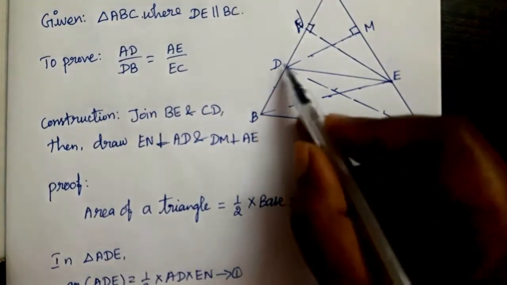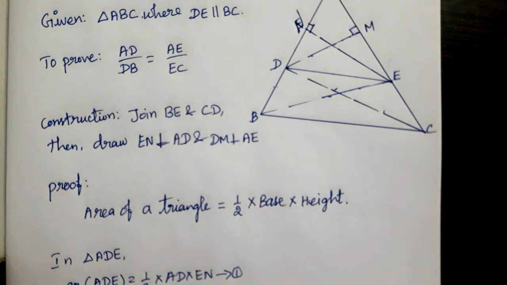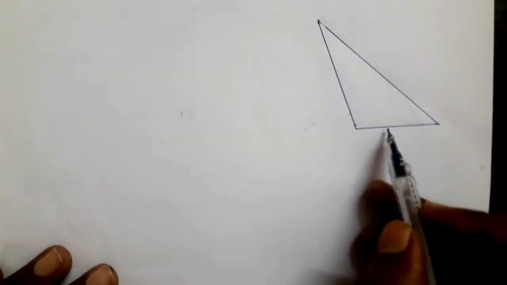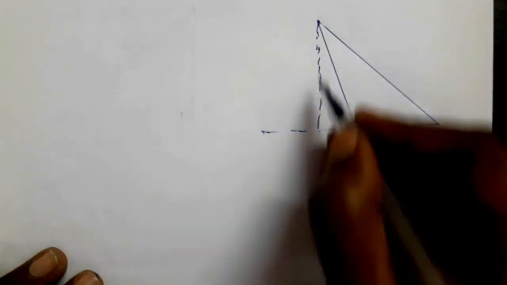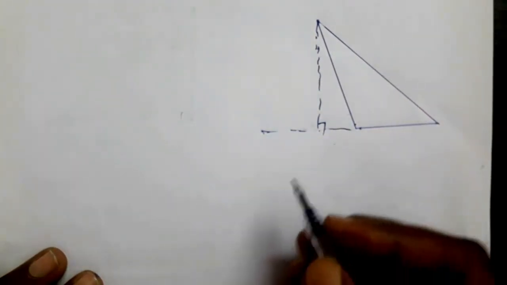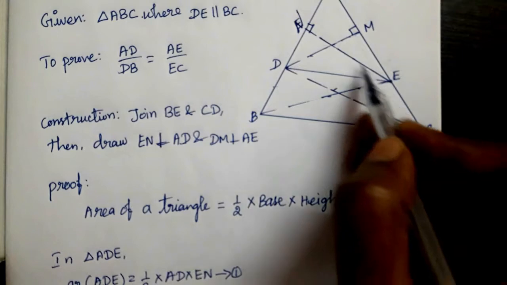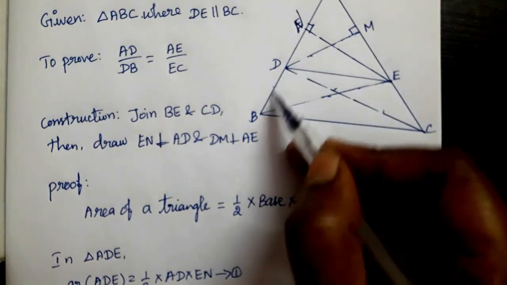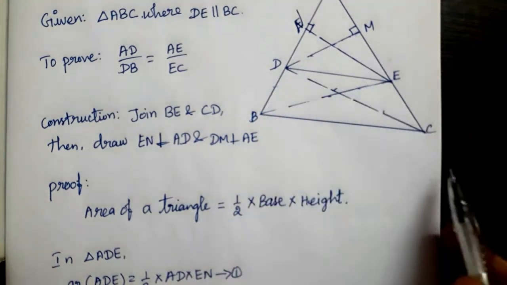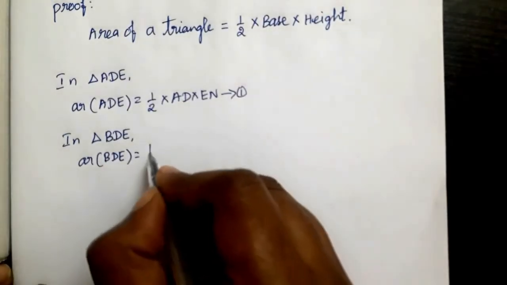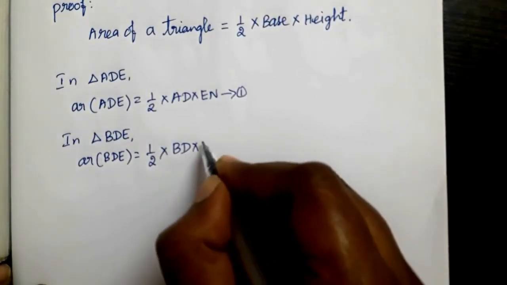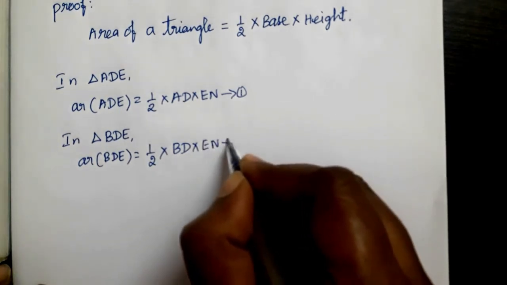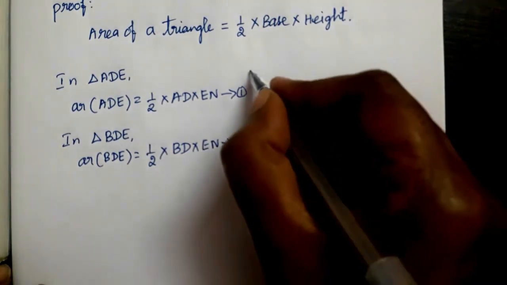Triangles BDE and CDE are of this type, so we draw the perpendicular height outside the triangle. In triangle BDE, the perpendicular height is EN, so base BD and height EN, giving half into BD into EN. This is equation number 2.